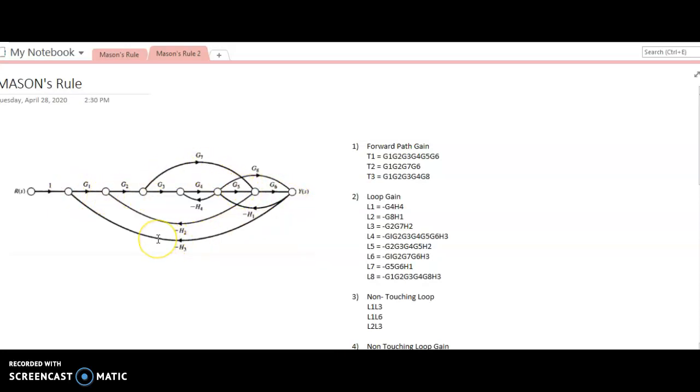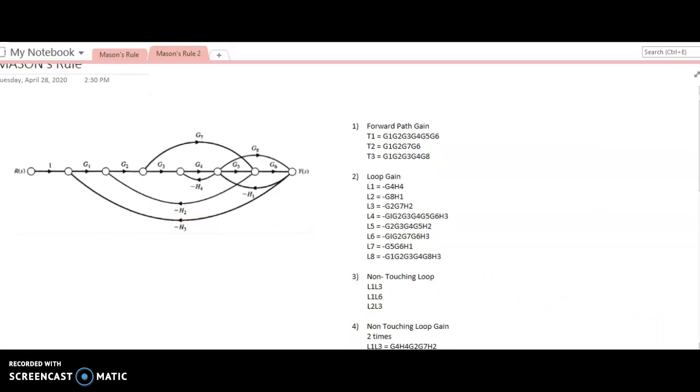And then G5, G6, H1. And then last one is G1, G2, G3, G4, G5, H3. So ada 8. Lepas tu cari dia punya non-touching loop.